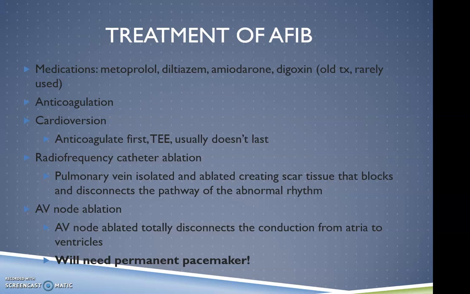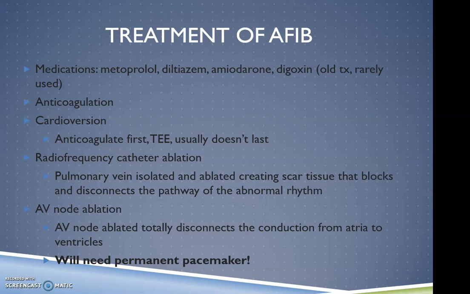Somebody who hasn't had any success with any of these treatments would qualify for the ablation. Basically, they make scar tissue by burning that will disconnect that pathway that's causing the AFib.